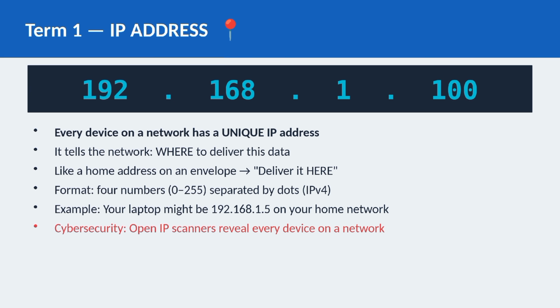It tells the network where to send the data. Every device on a network has an IP address. For example, your laptop might have the IP address 192.168.1.5. When someone sends data to you, that address tells the network, deliver it here. We'll go much deeper into IP addresses later. For now, IP address equals the address of a device on the network.